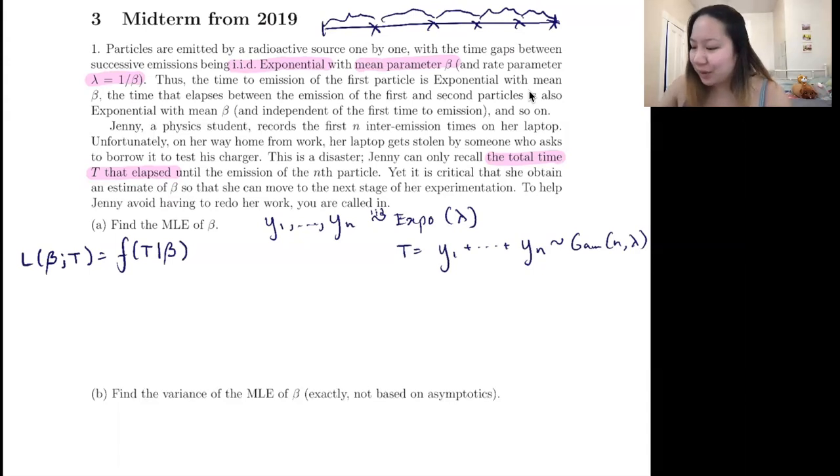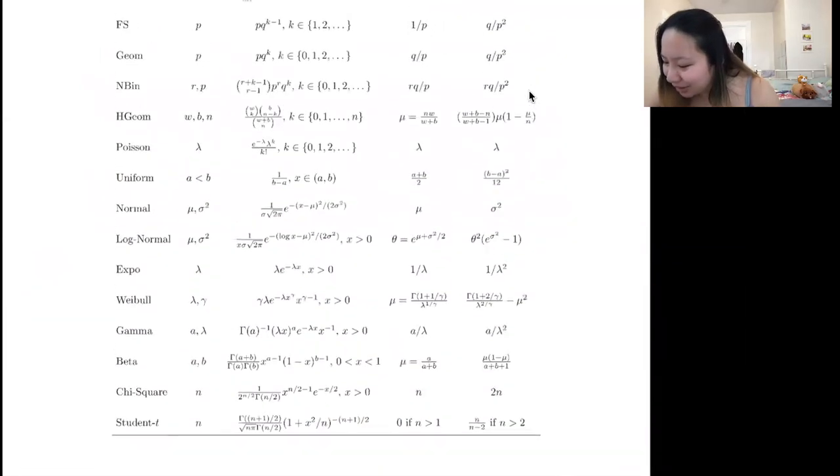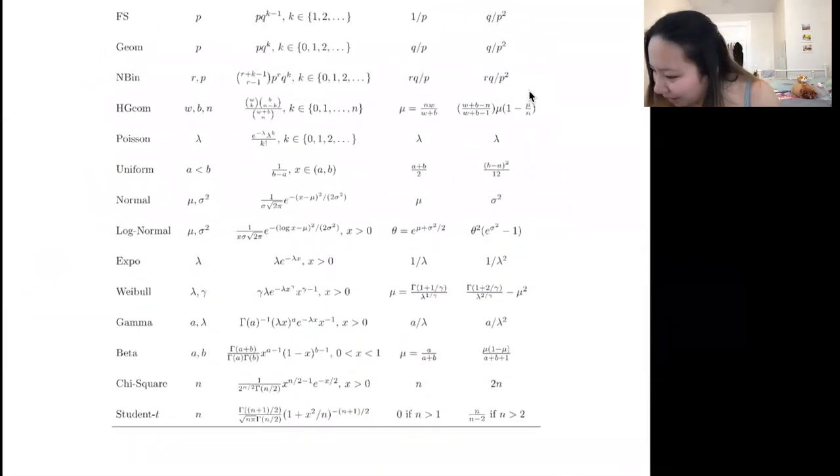And I just wrote down that it is Gamma(n, lambda). So now we're going to want to write down the PDF of that, and you can scroll up to your distributions here, and it looks kind of like this: Gamma of a, lambda x to the a, e to the negative lambda x, and then x to the -1.